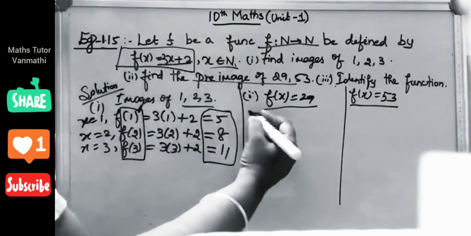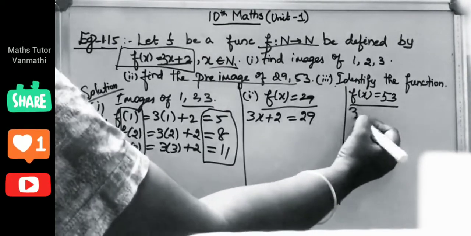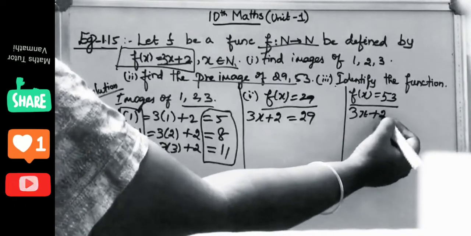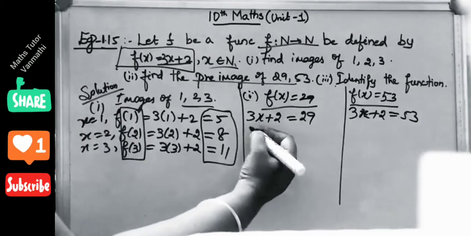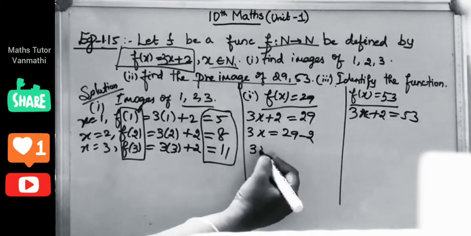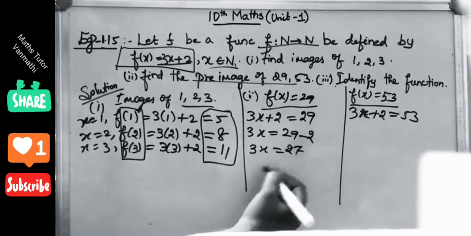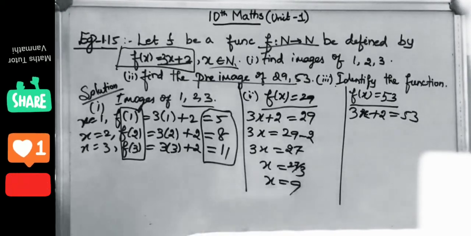The f of x condition is 3x plus 2 equal to 29, and 3x plus 2 equal to 53. From this we can find 3x equal to 29 minus 2, 3x equal to 27, x is equal to 27 by 3, x is equal to 9.